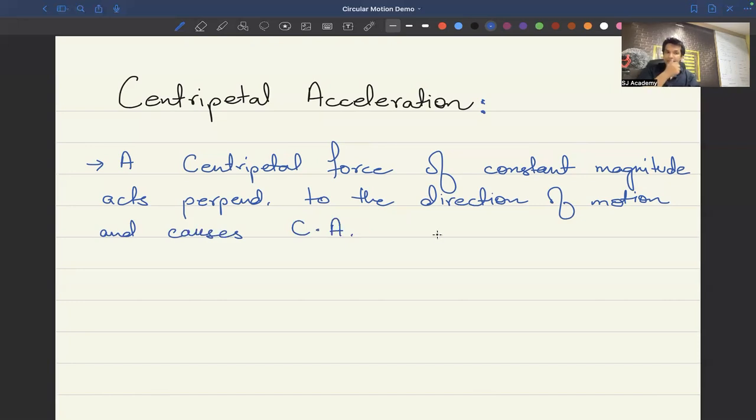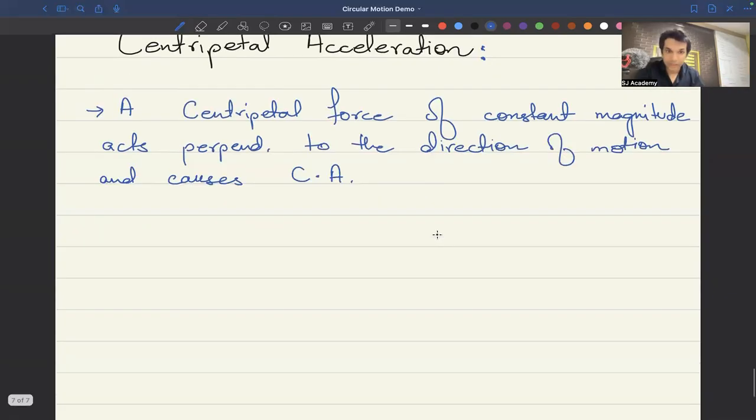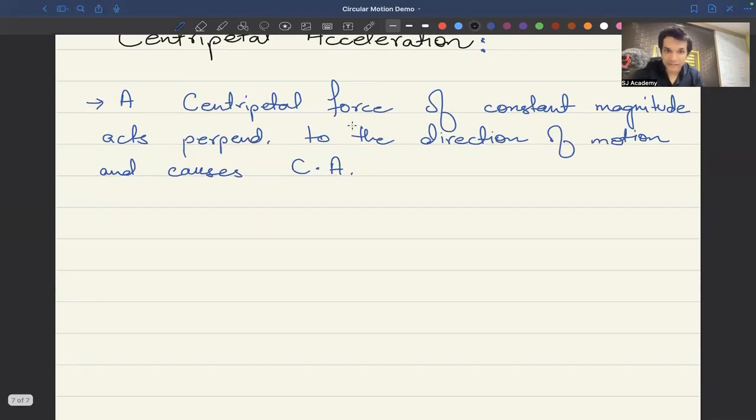So this is basically what causes centripetal acceleration. A centripetal force of a constant magnitude is acting perpendicular to the direction of the motion. Basically, it is always acting towards the center. So we can just write that this force is always acting towards the center of the circle.